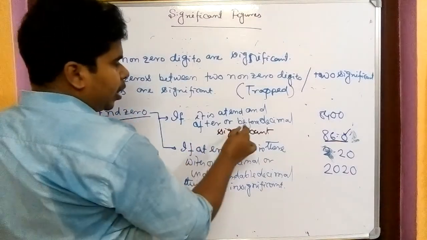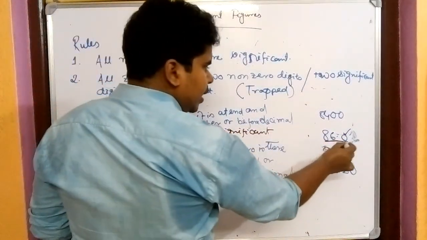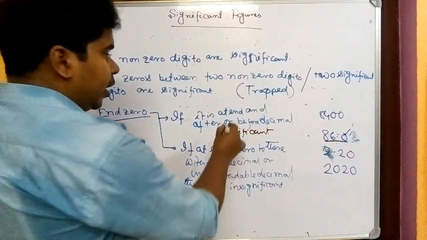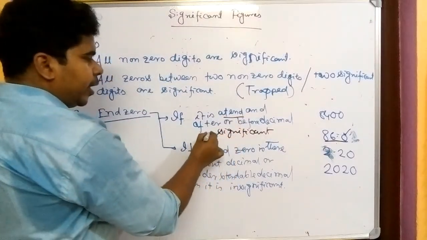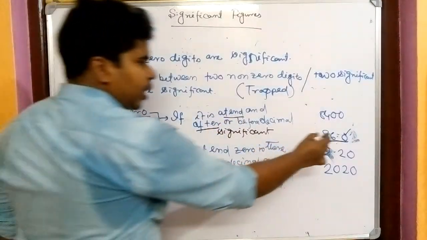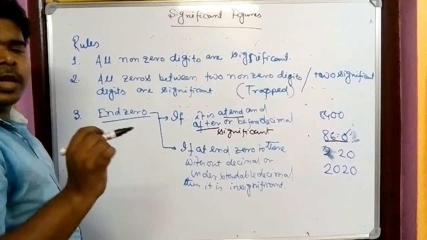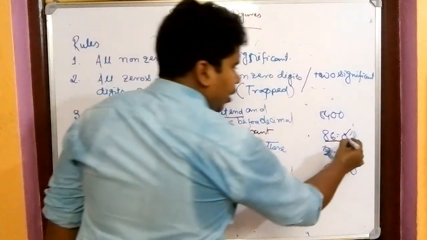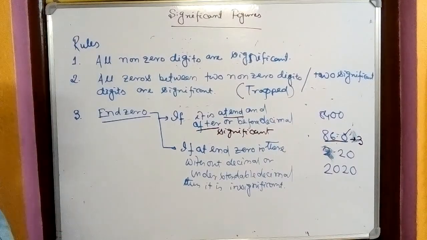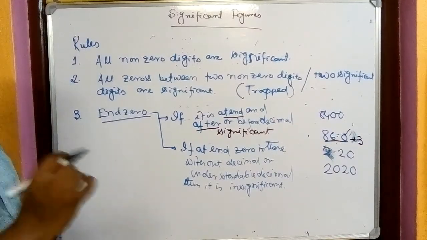Is it after or before the decimal? Yes, it is after the decimal. So two conditions are fulfilled: it is at the end and it is after the decimal. Then this 0 is a significant number. So here the number of significant digits is 3.